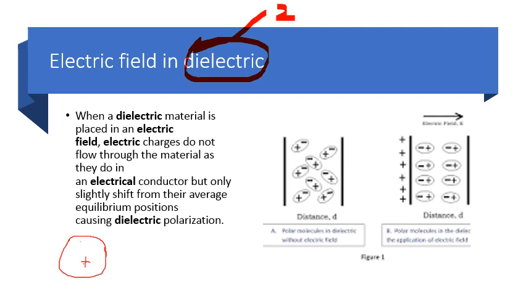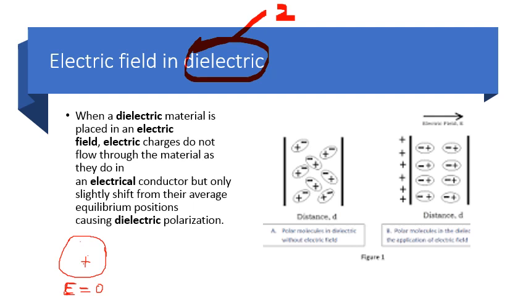If electrons are layered uniformly about the center, then the center of negative charge and the center of positive charge are both at the center here. If you are not applying any electric field, then this will be the situation. This is for E equal to 0.